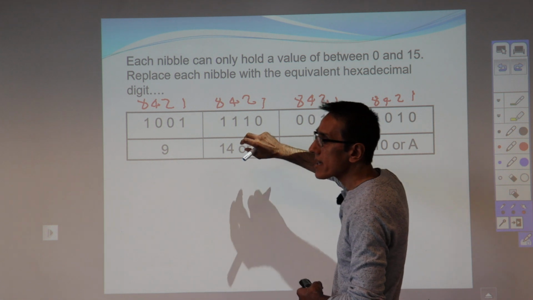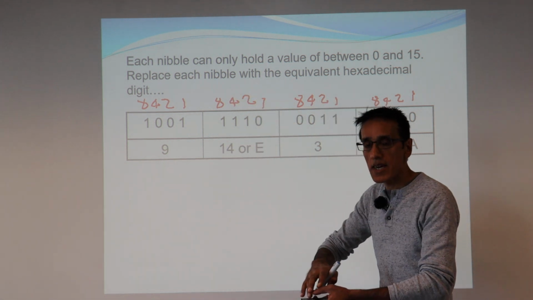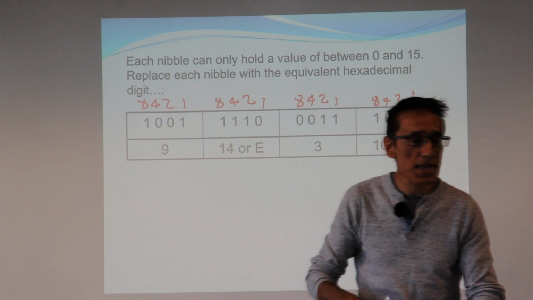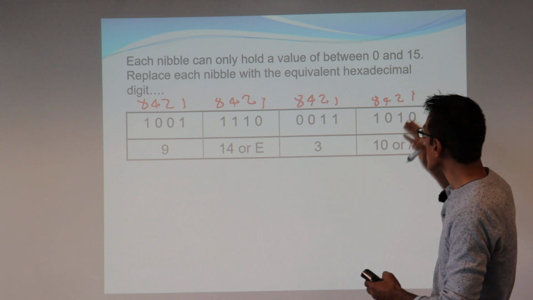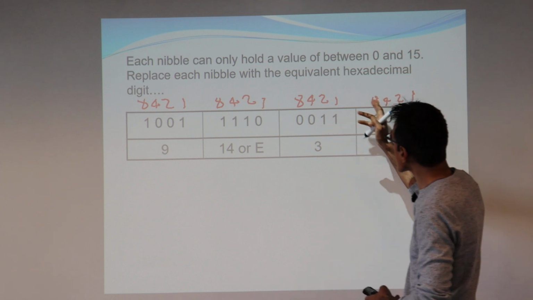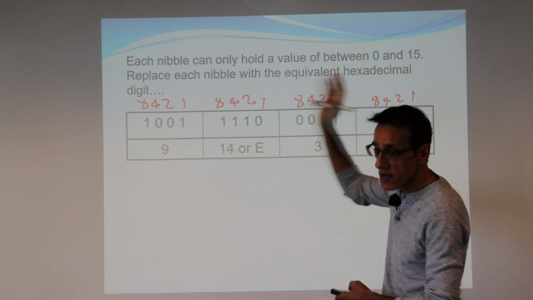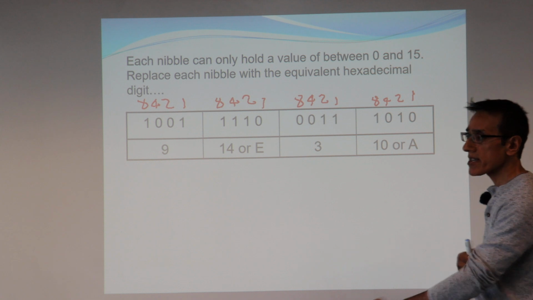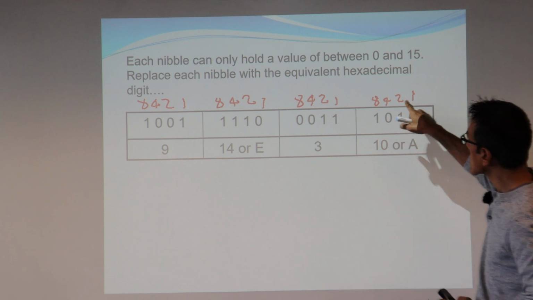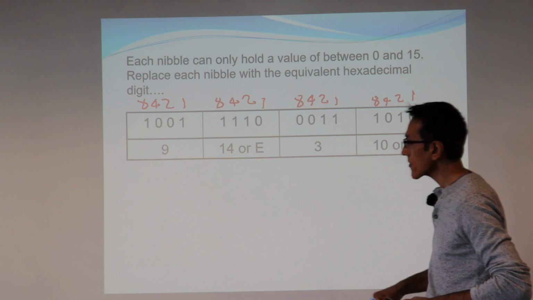These are not powers. We are converting to hex. We are not converting to base 10. If you are converting to base 10, then yes, continue 8, 16, 32, 64 and so on, multiplying by 2 each time. But when you're converting to hex, we only use the 1, 2, 4, 8, nothing else.